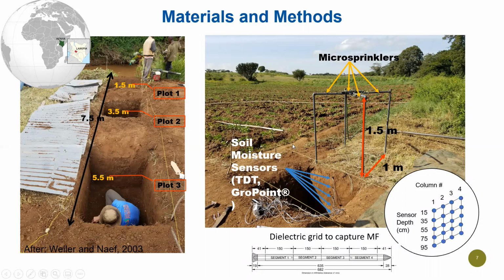The sensors were each a composite of 4 segments with 60 centimeters length that were introduced horizontally, as shown in the picture at the right. This way, a dielectric grid allowed us to identify and quantify macropore flow dynamics vertically. A rainfall simulator equipped with 4 micro sprinklers provided the necessary rainfall for the experiments.